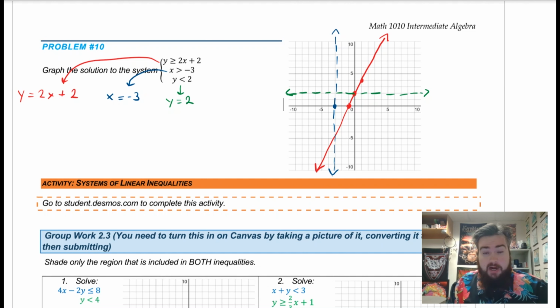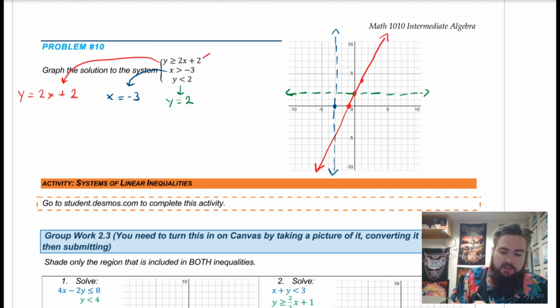Then, as before, I'm going to test a point and see if that would be included in the solution set for each of these inequalities. I'm going to test 0, 0 again, because that is not on one of these lines, and it's a pretty easy one to check.